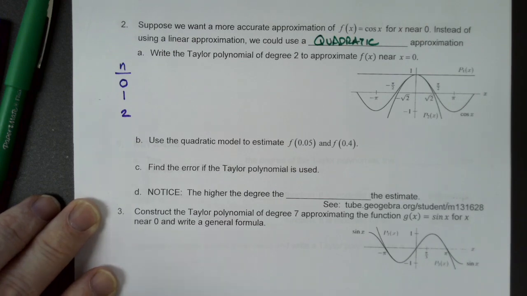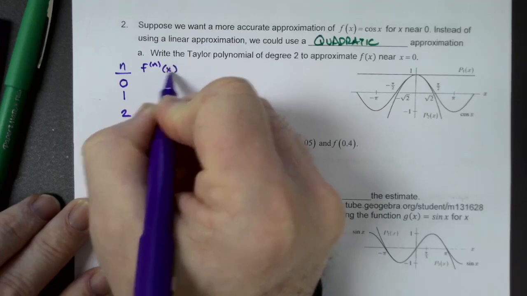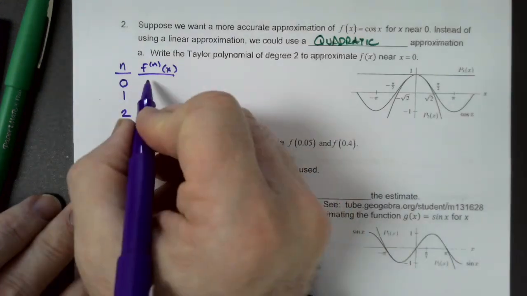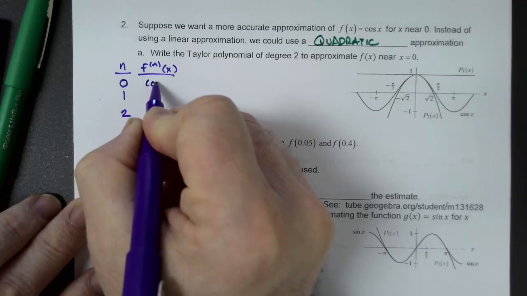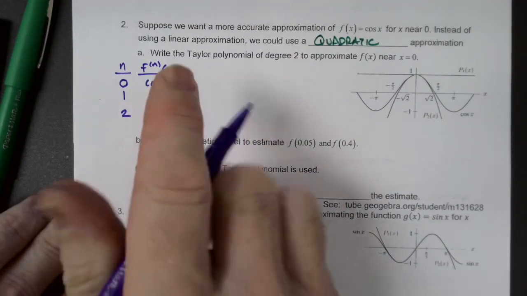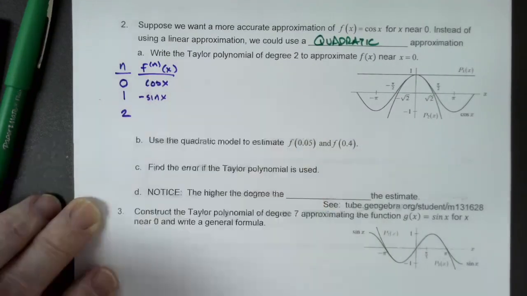Okay. Our next column is, we're just going to take the original function and write out its derivatives. This one we're starting out very, very simple because we know that the 0 derivative of this is just cosine. And then n equals 1 would be the first derivative, which is going to give us negative sine of x.